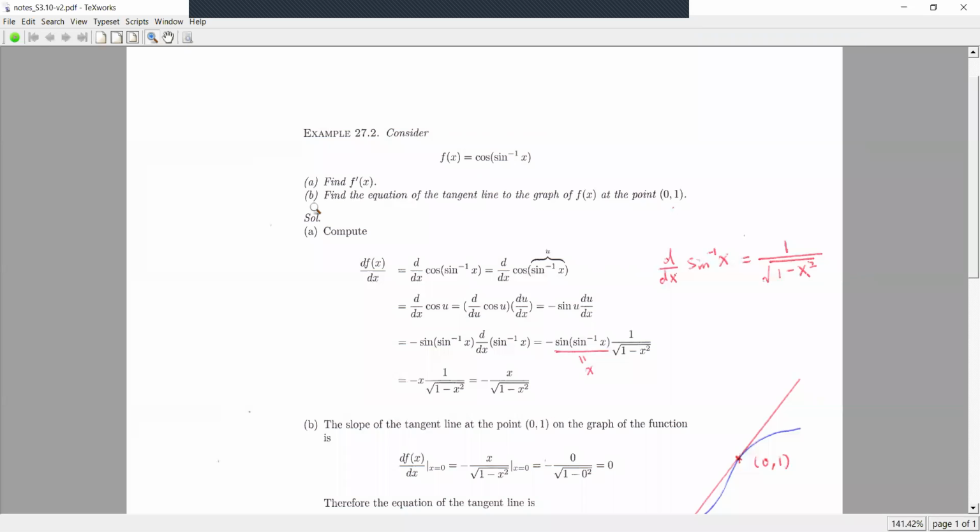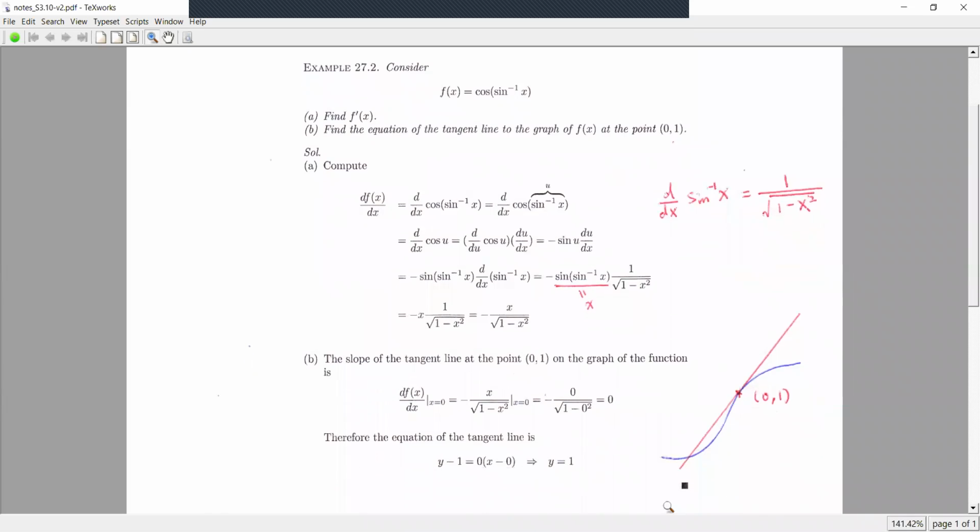To help myself answer part B, I arbitrarily draw a curve. And suppose this curve is the graph of function f. Suppose the point 0, 1 is here. At this point, there is a tangent line, and we need to write down the equation of the tangent line. To write down the equation of the tangent line, we need to know the slope of the tangent line.